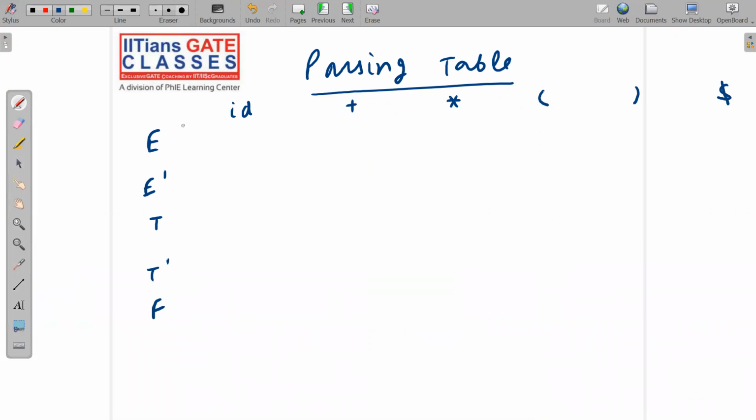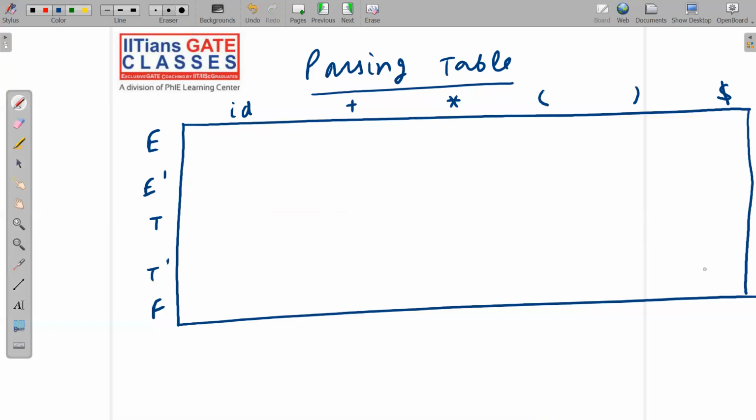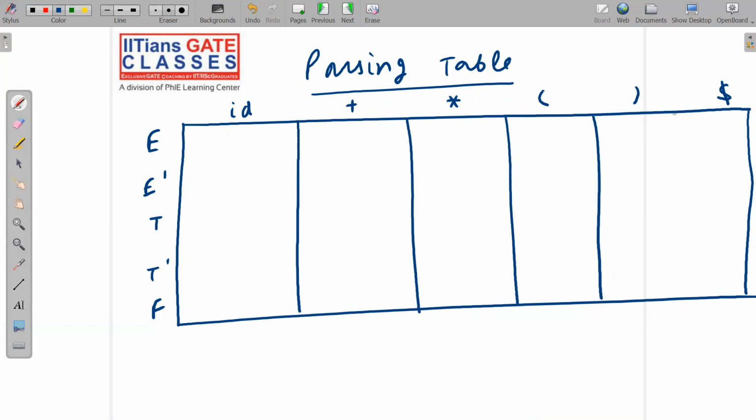Let me make the table properly. Please try to make it with me.